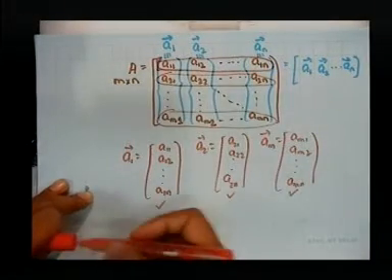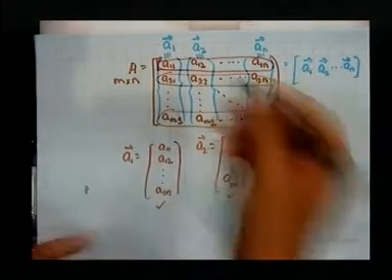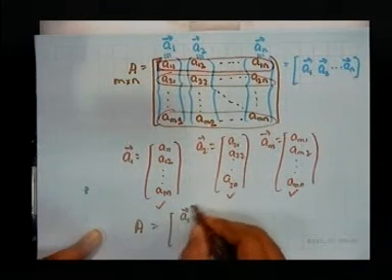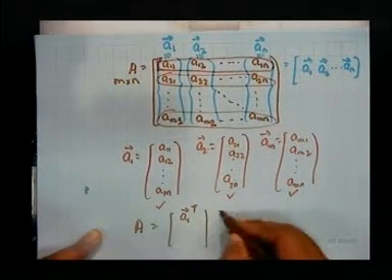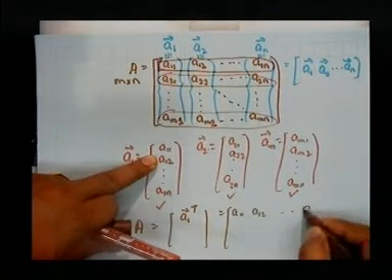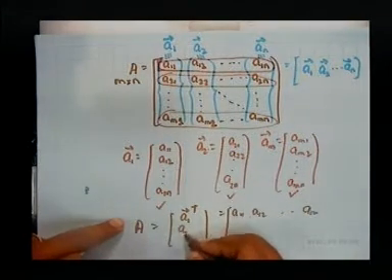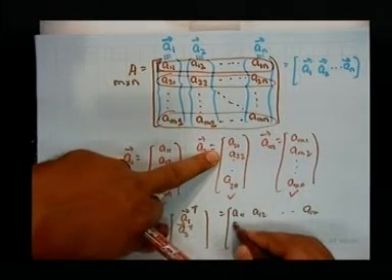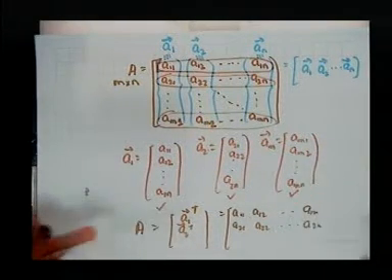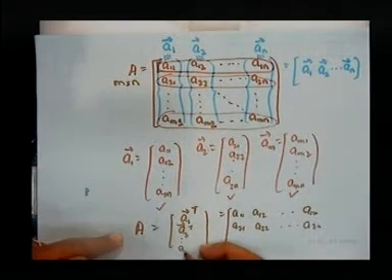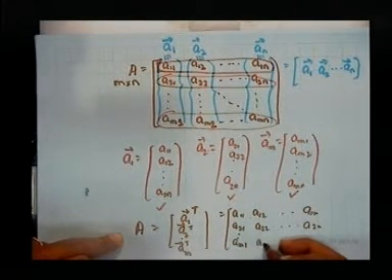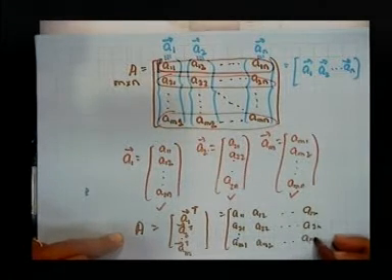Now, I want to rewrite A in terms of these column vectors. So, then I should write A1 transpose. So, if A1 transpose happens, then this one gets transposed: A11, A12, A1n, then A2 transpose. So, this will come A21, A22, then A2n, then the last one will be transposed here. So, AM transpose. So, this will be AM1, AM2 and this way AMN.